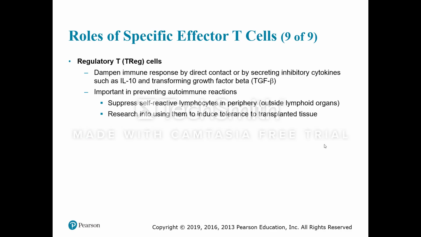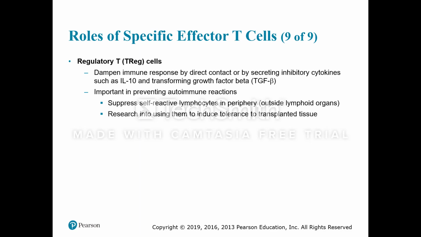Then you have the regulatory T cells. The regulatory T cells are the ones that dampen or end an immune response when the immune response is already closing to an end. Whenever you don't have any more bacteria, all of your T cells need to be suppressed. They cannot keep on doing their work if their work is no longer needed.